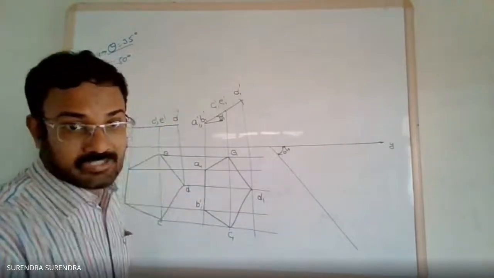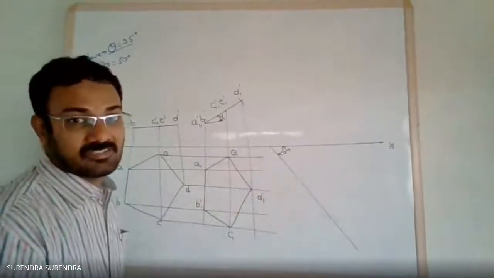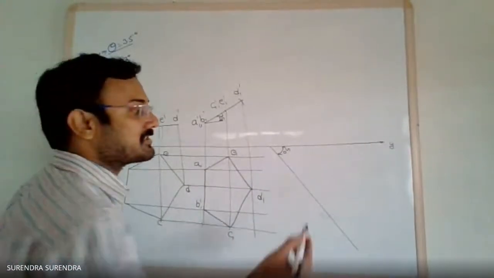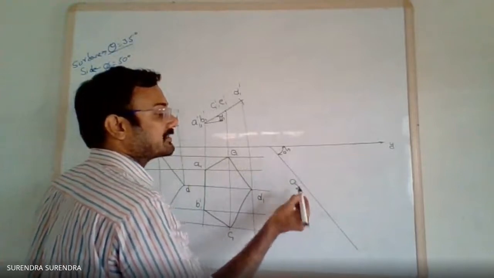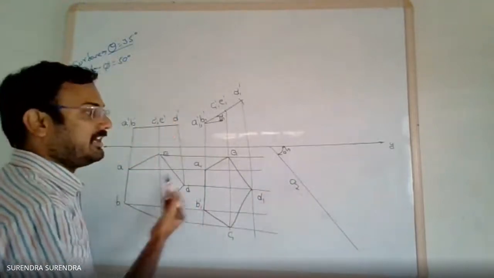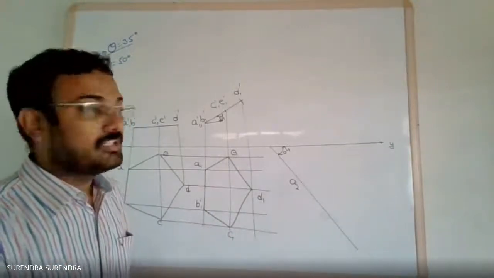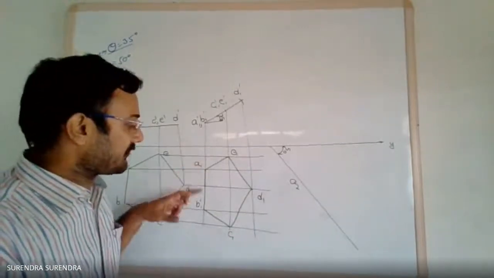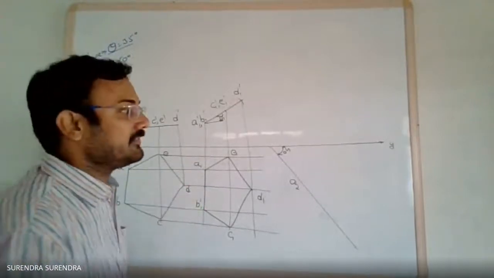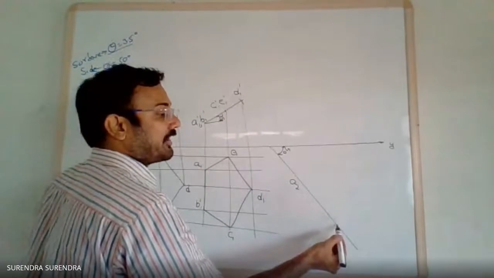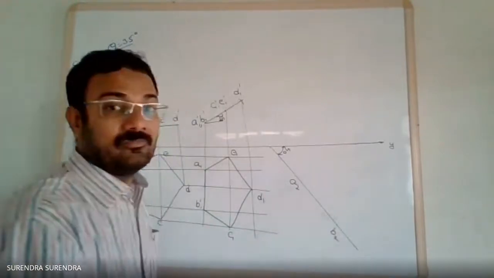Now, on this line, at some convenient distance, mark a point and name it as A2. So A1, and in the next phase you write it as A2. Now, measure the distance from A to B. With A2 as center, draw an arc to get the point B2.